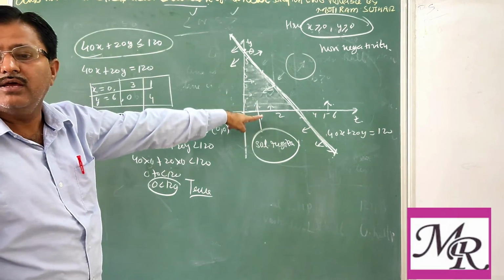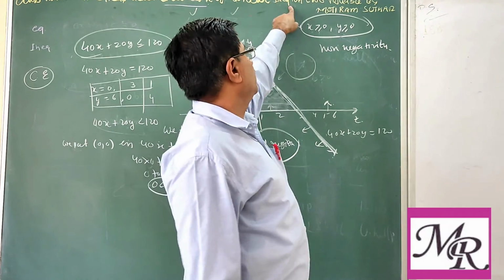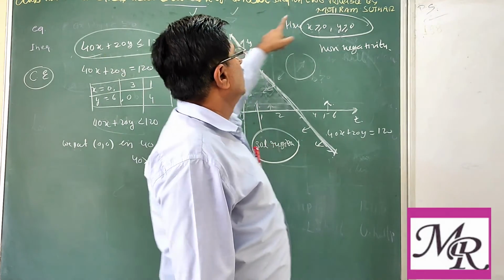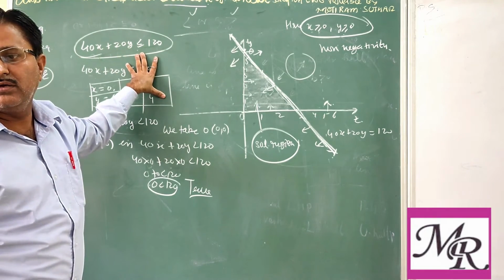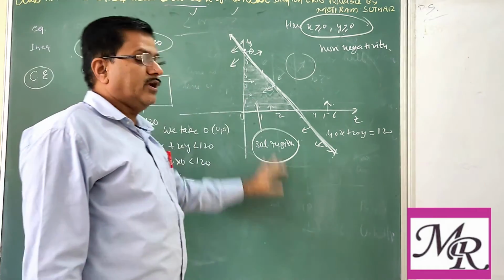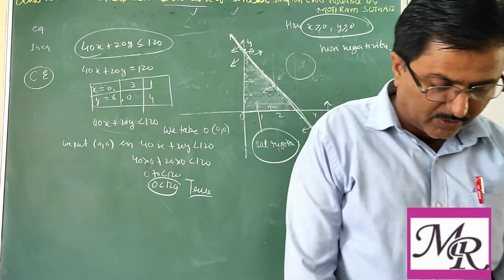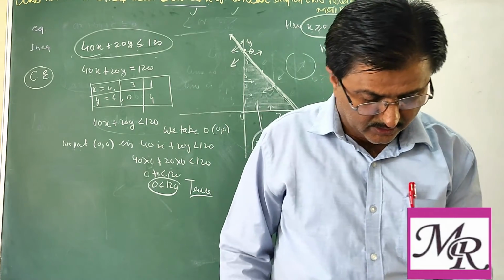This is known as the graphical solution of a linear inequality. This is a linear inequality in two variables, x and y. Two variables are there. So with the help of this you can draw the graph. This exercise you have to solve completely on graph paper only.